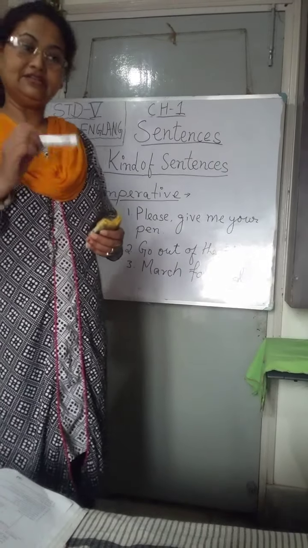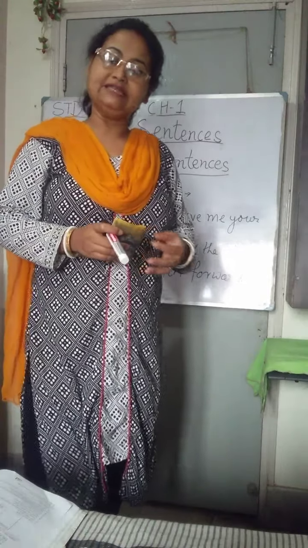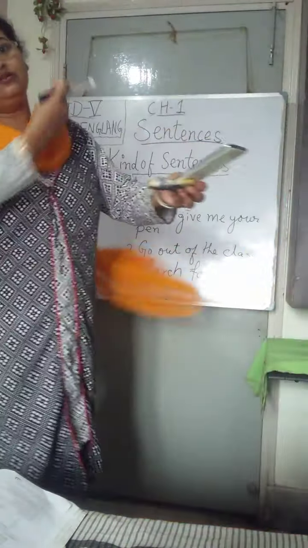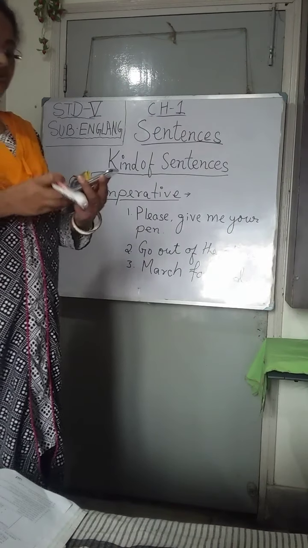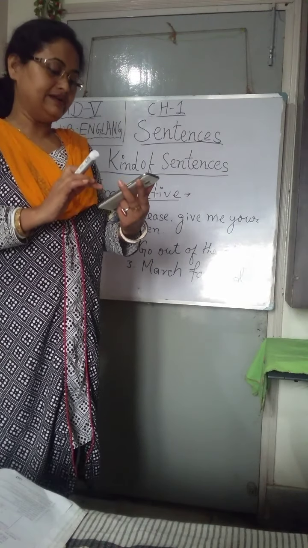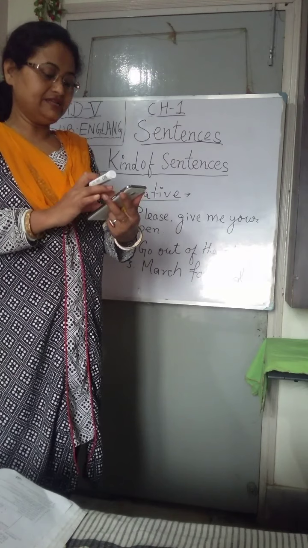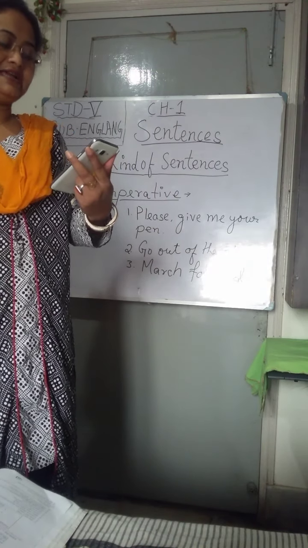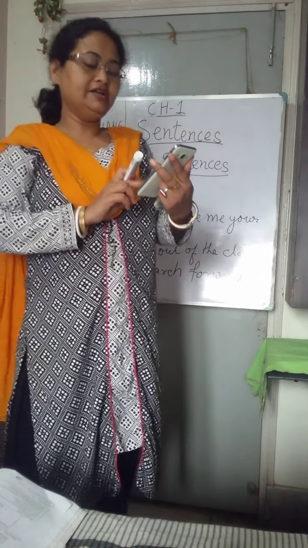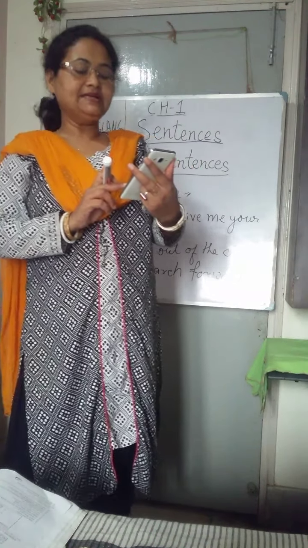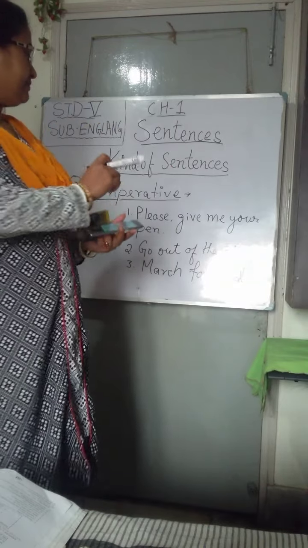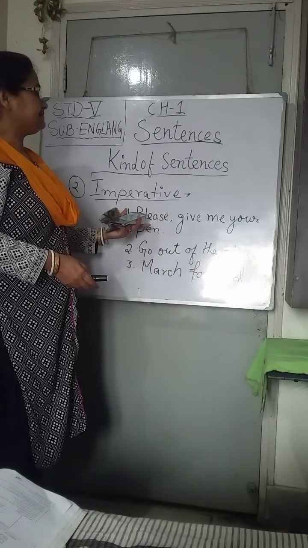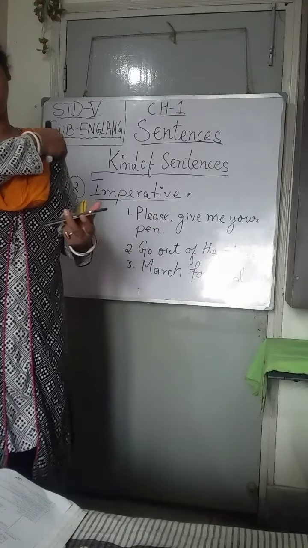It is also given in your book, on the first page. Please underline the definition given here with a pencil. See page number 1 of your book: a sentence that expresses a command or request is called an imperative sentence. One more thing to remember regarding punctuation: you always end an imperative sentence with a full stop.